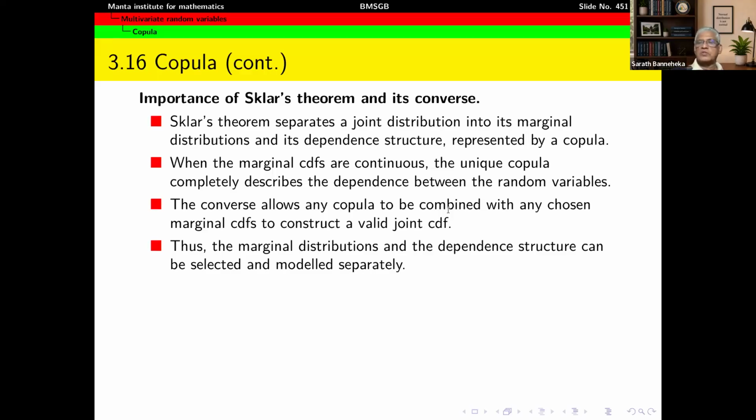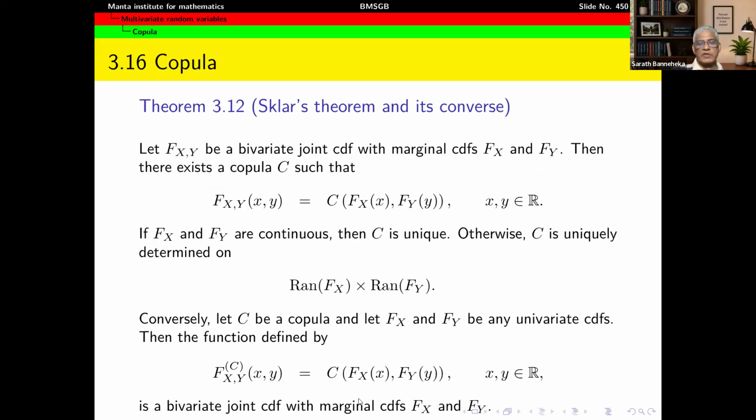In that kind of situation, we can use a copula. Actually, not any copula. We have to choose a suitable copula. Choosing a suitable copula and inserting the required Fx and Fy into the copula, we can get a function like this, and that will be a joint cumulative distribution function of X and Y.